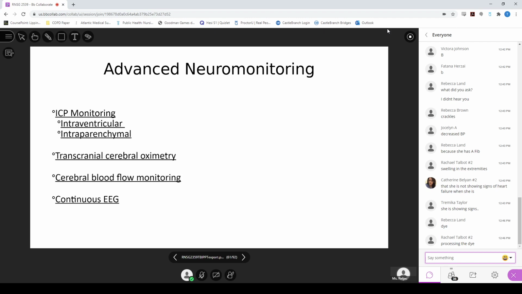A hole is drilled through the skull and the catheter goes into the intraventricular area, which is the area of the brain that contains the CSF. It can also be used to drain fluid out of the catheter. The drawback is that when the intracranial pressure is very high, it's hard to get the catheter in place. It's almost pushed out by the pressure in that section of the brain.